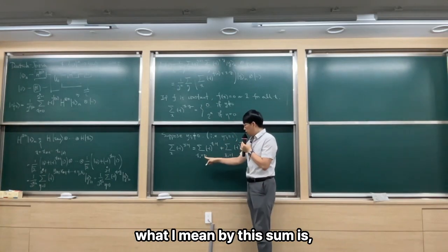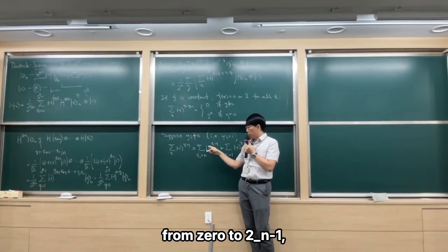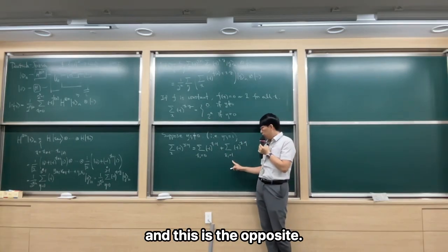What I mean is, it's the sum of all the numbers from 0 to 2 to the n minus 1 where the ith place of that digit is 0, and the other is the opposite.